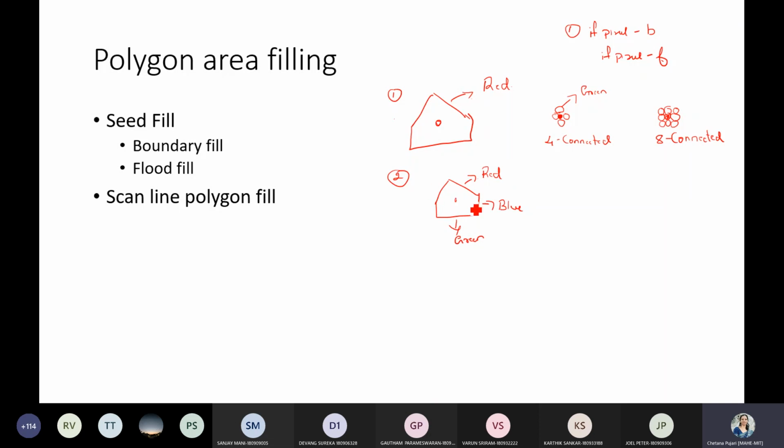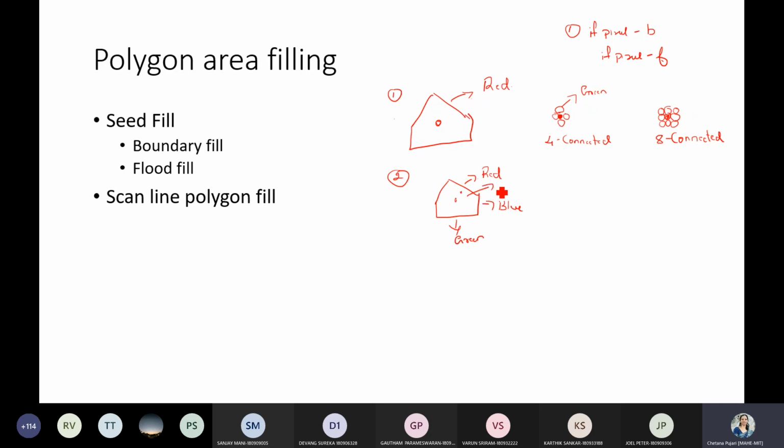You are going to select one pixel, check if it is inside, then fill it with some color. You are going to fill the entire region with some color. Say, for example, the initial fill is the old color.